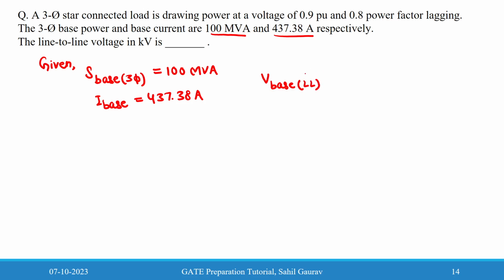It is not given. So first we will find this line to line base voltage. We know that S base three phase will be root 3 times V base line to line into I base.